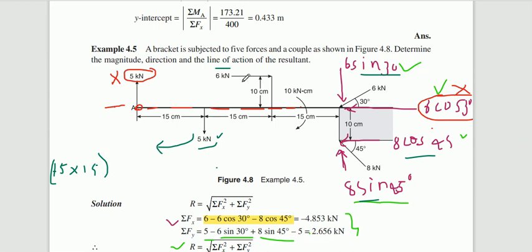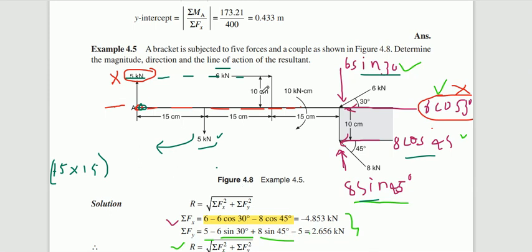Next, what is the moment of 6 kilonewton about point A? 6 into 10, because the line of action of the 6 is here, our point is here, therefore moment due to 6 is equal to 6 into 10 centimeters.